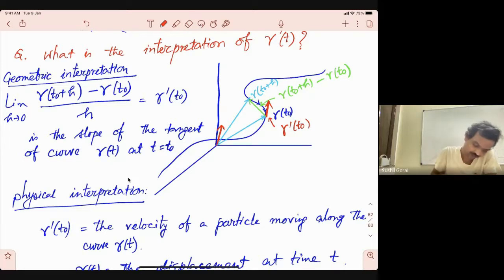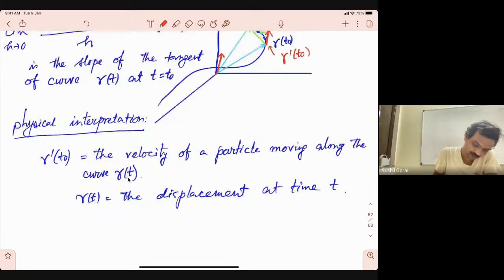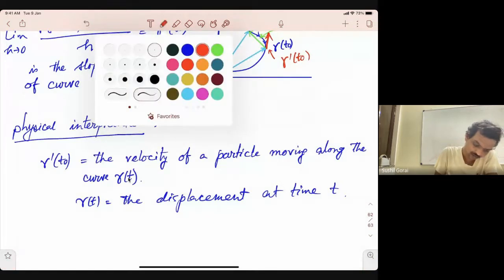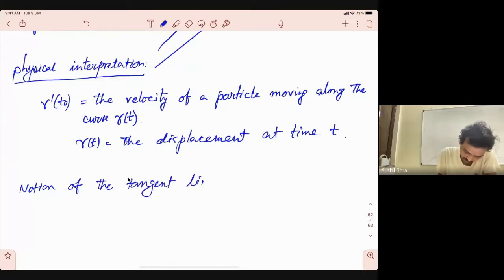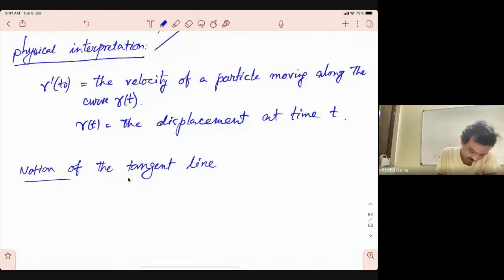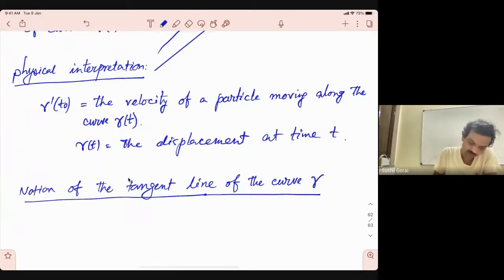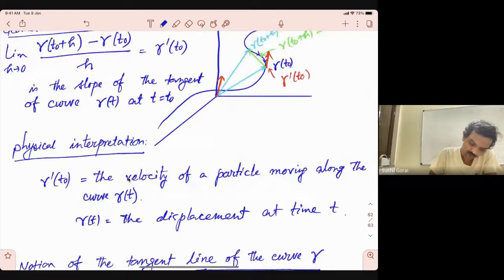So now this question leads us to the notion of the tangent line of the curve gamma.